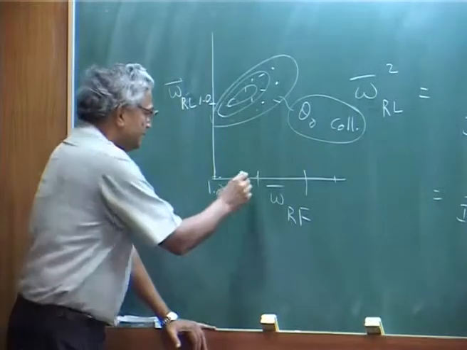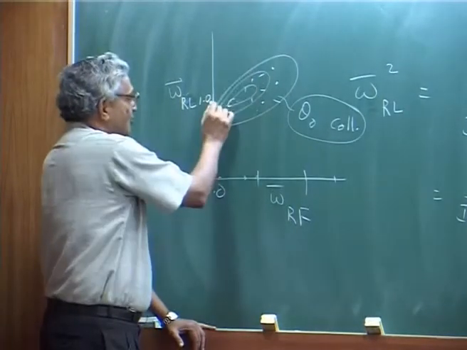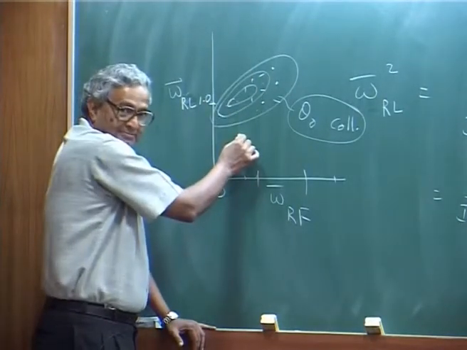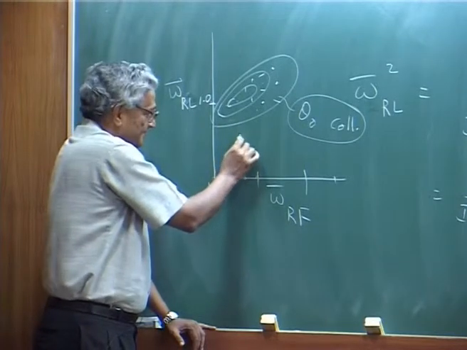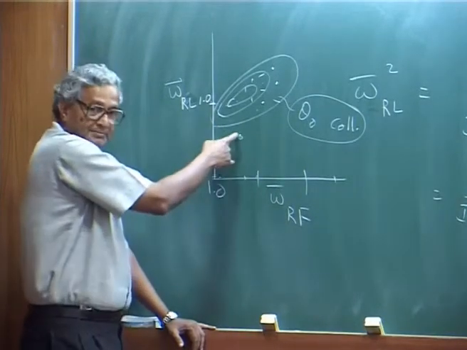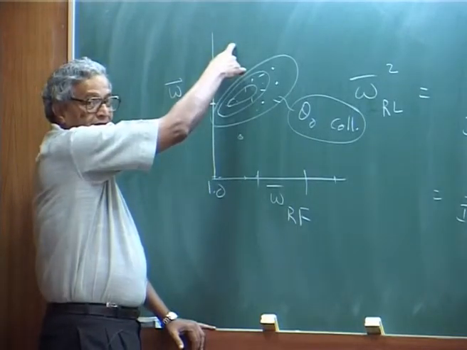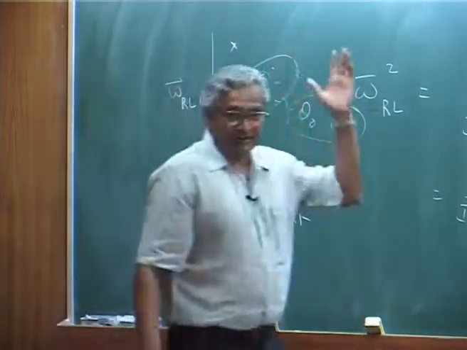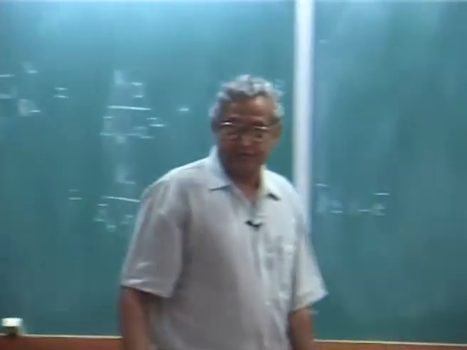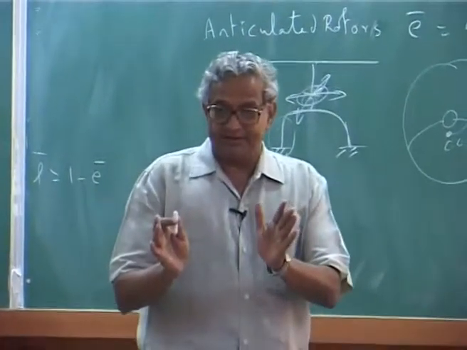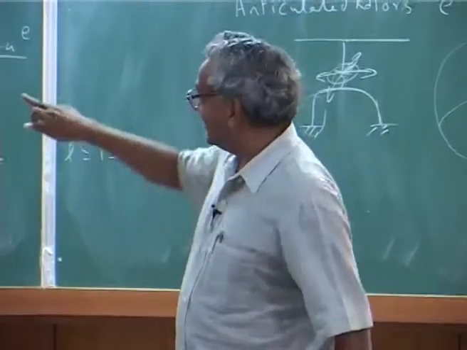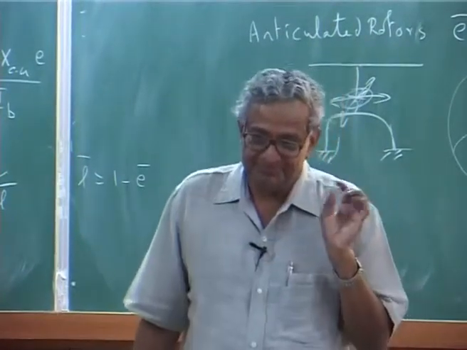In the lag mode, you can go either here, which is soft in plane, below 1, or take it very far, so that you are not going to hit this bubble region.